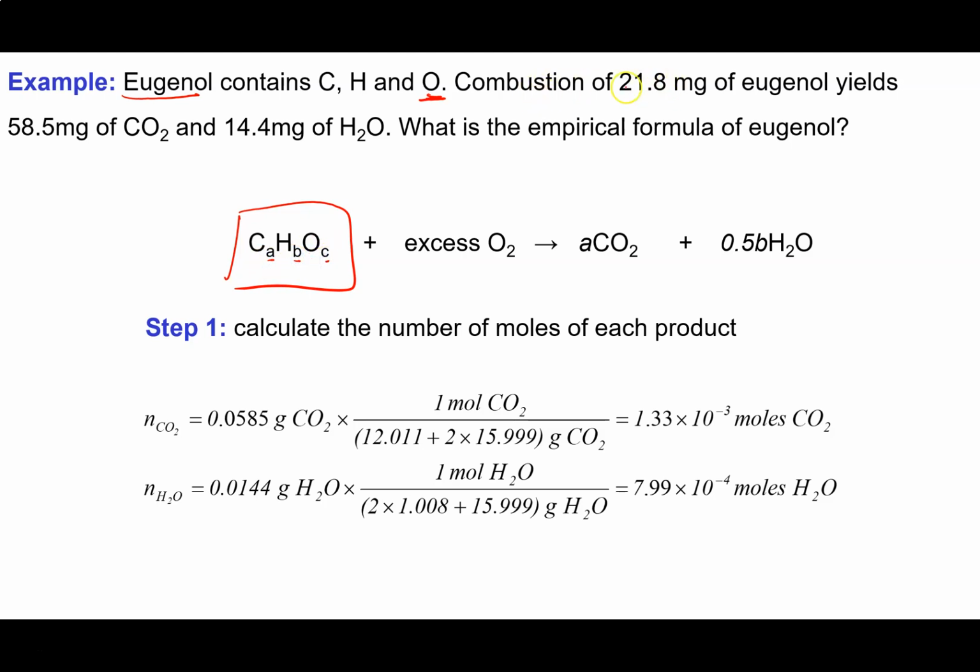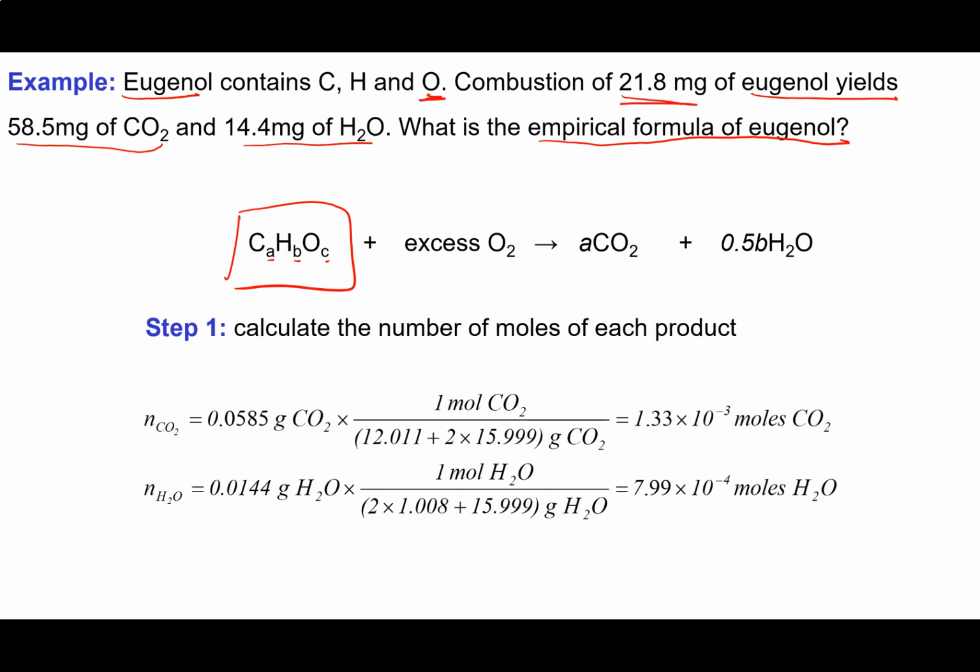It says combustion of 21.8 milligrams of eugenol yields, and then they give you the amount of CO2 and the amount of H2O, and then you're asked what is the empirical formula of eugenol. So the first thing I'm going to do is calculate the number of moles of carbon in my sample of eugenol and the number of moles of hydrogen atoms in my sample of eugenol.